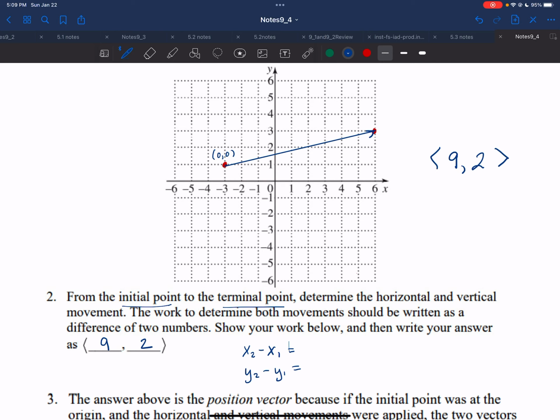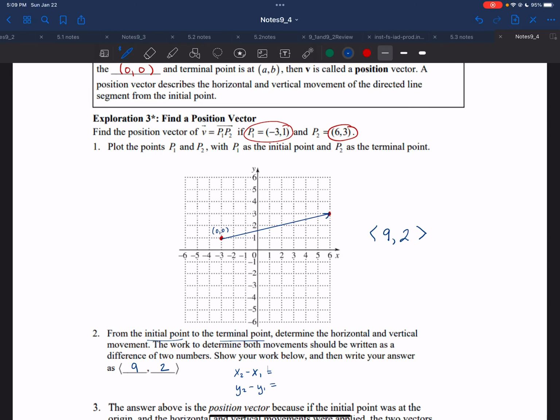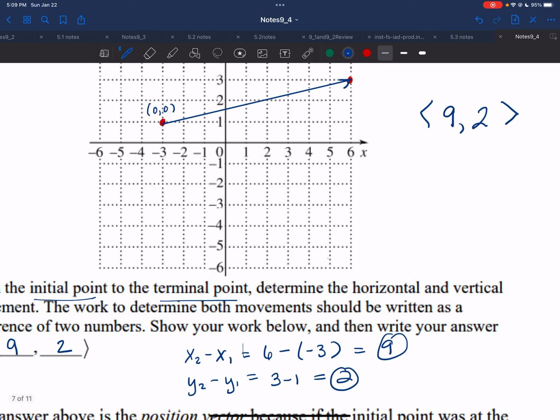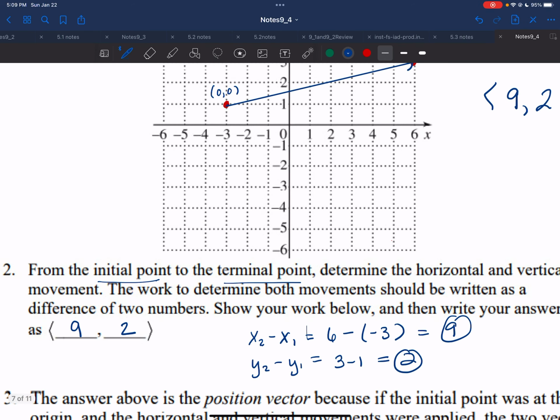With our points here, my x2 would be 6 minus a negative 3. Minus a negative would give us a 9. And then 3 minus 1 would give us a 2. So we get those numbers by finding the difference between those points as well. You could do it either way. If you have a graph and you can count it, super easy. If you don't have a graph and you need to figure it out, you can do it this way.